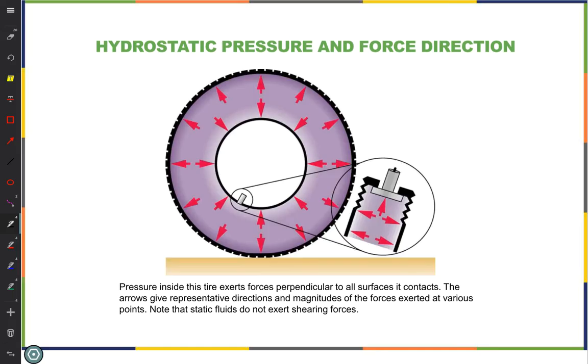But the force from pressure is always into the surface. In this picture, the arrows show the direction of the force for each surface, and you notice those arrows are always into the surface. If you look at the valve stem, you see the force is going into everything there.